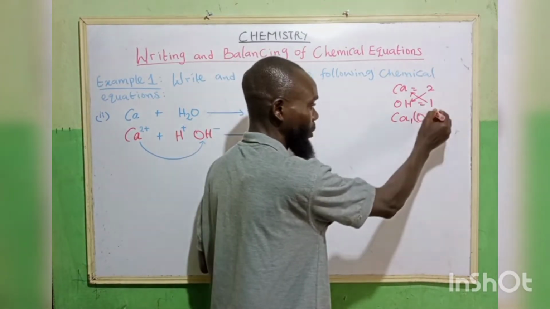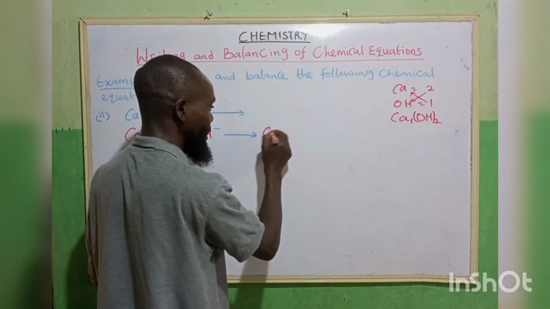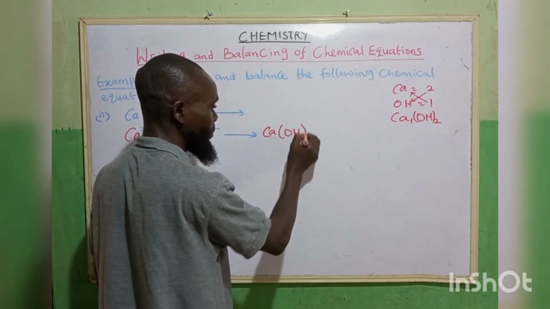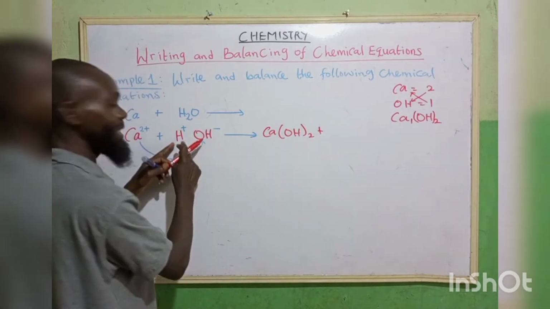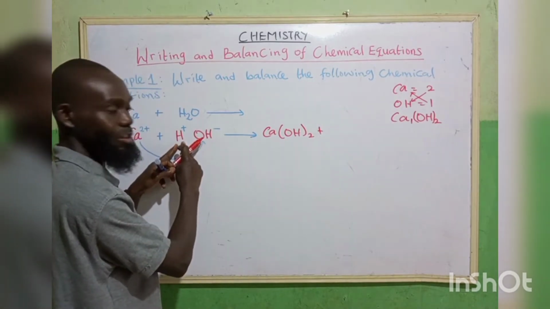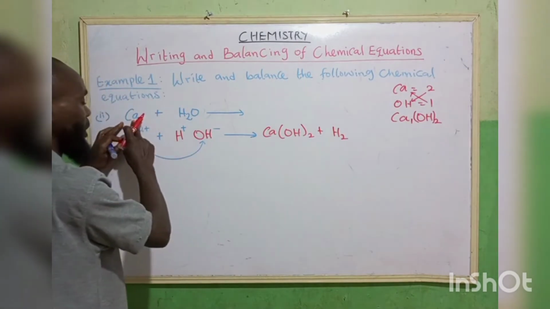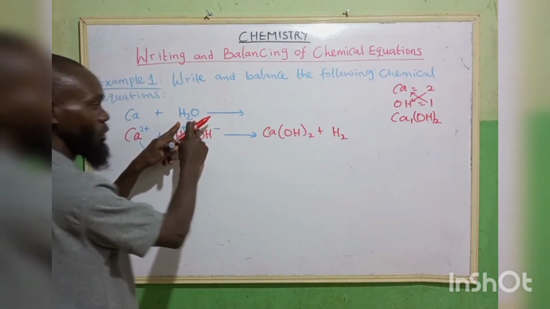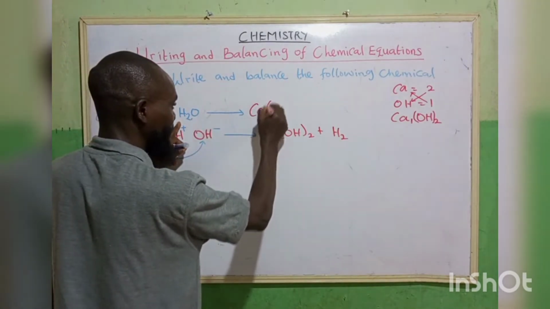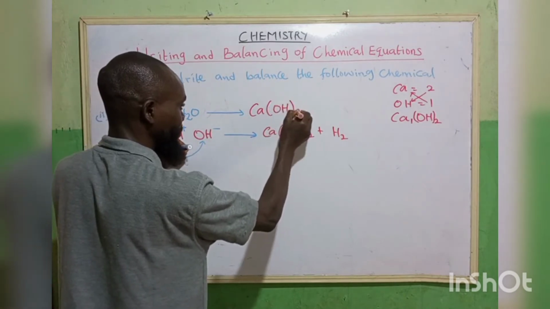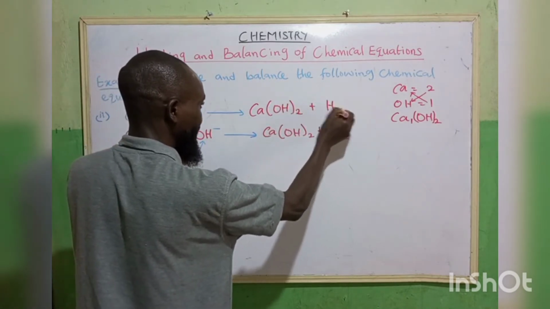So I have to open bracket and close the bracket. So I have Ca, OH, bracket 2, then plus it remains hydrogen. And hydrogen must be written as diatomic gas. So H2. So when calcium reacts with water, it's going to give us calcium hydroxide plus hydrogen gas.